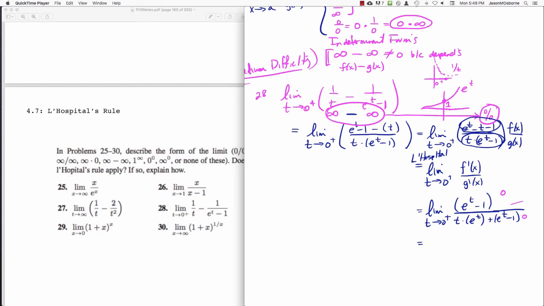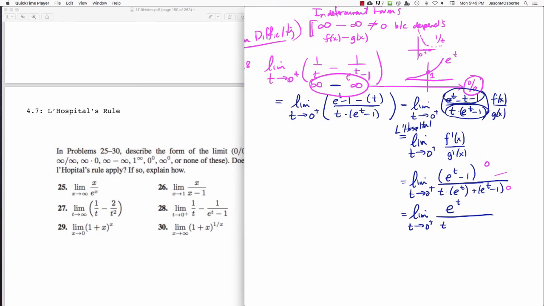That doesn't mean you can't keep going with L'Hopital's rule. The limit as t goes to 0 from the right: the derivative of the top is e to the t. The derivative of the bottom is first times the derivative of the second plus the second times the derivative of the first, plus the derivative of e to the t minus 1, which is e to the t.